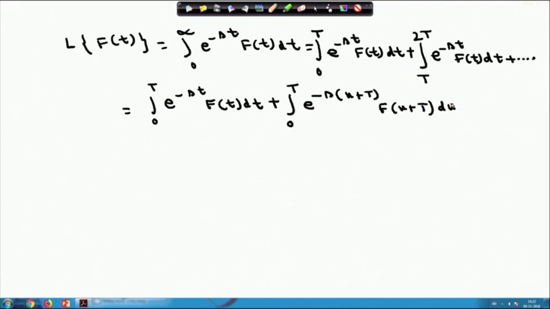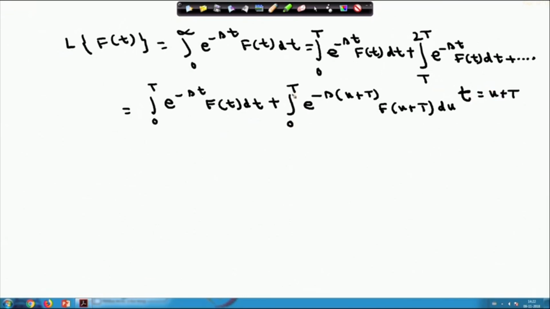That is, I am making a substitution: u plus capital T equals small t. So at t equals T, u will be 0, and at t equals 2T, u will be equal to T.